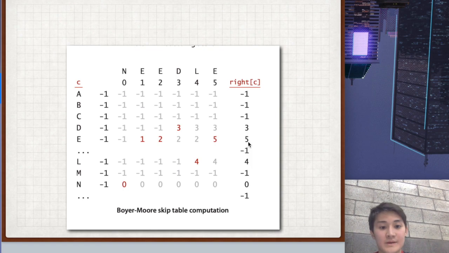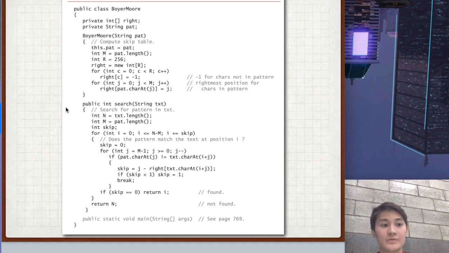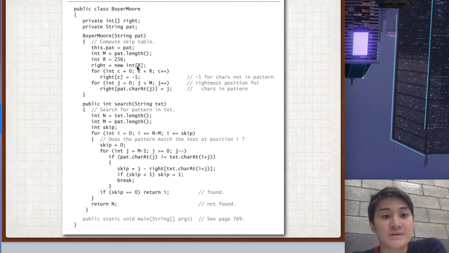Next, we can see the Boyer-Moore substring search implemented in Java. This is the Boyer-Moore substring search algorithm implemented in Java, so I'm going to explain how it works. With the right array precomputed, the implementation of this algorithm is straightforward.